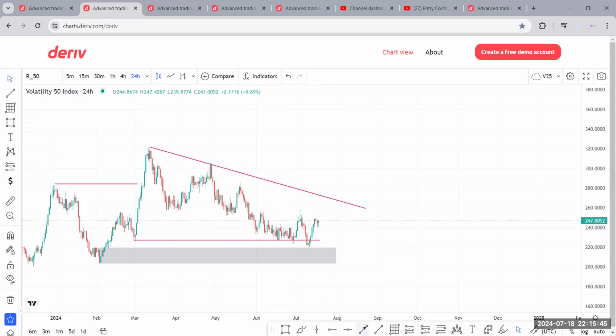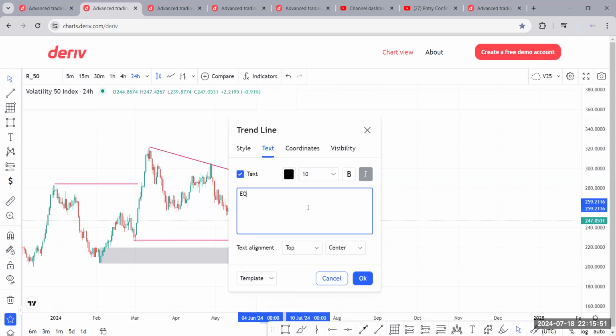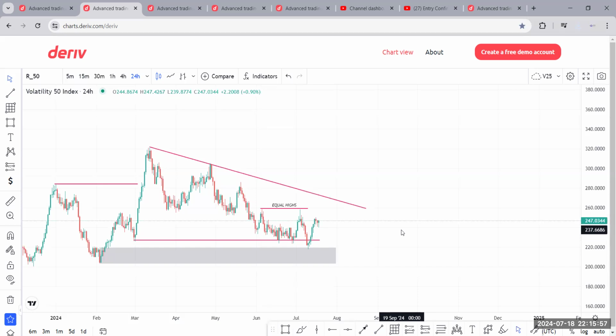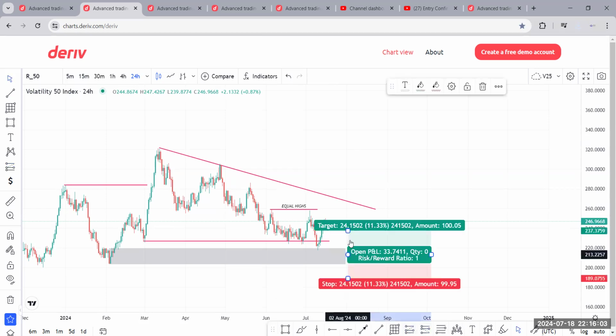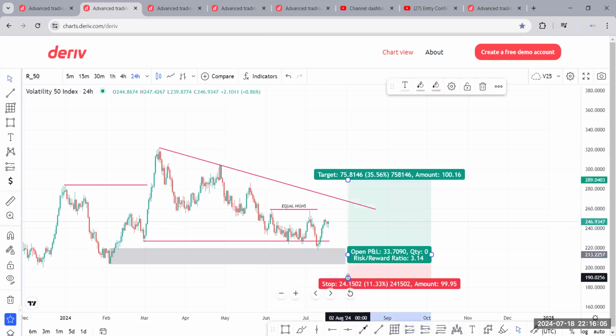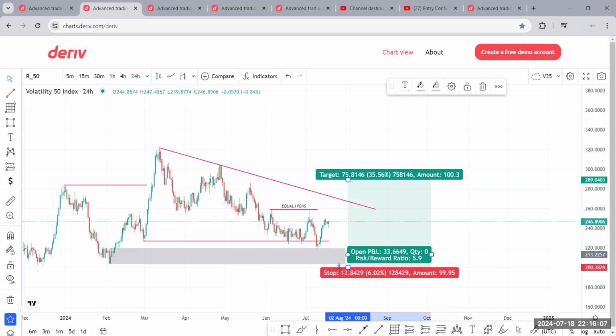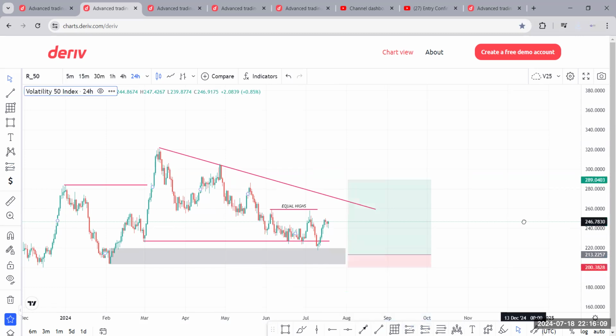So all these are liquidity which price is going to target. Equal highs, which price is going to target even as it pushes outside.